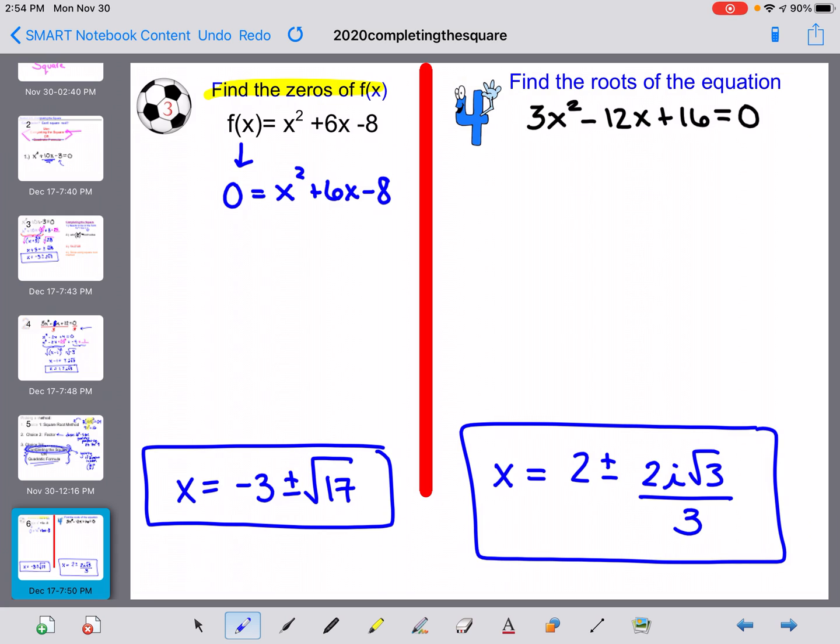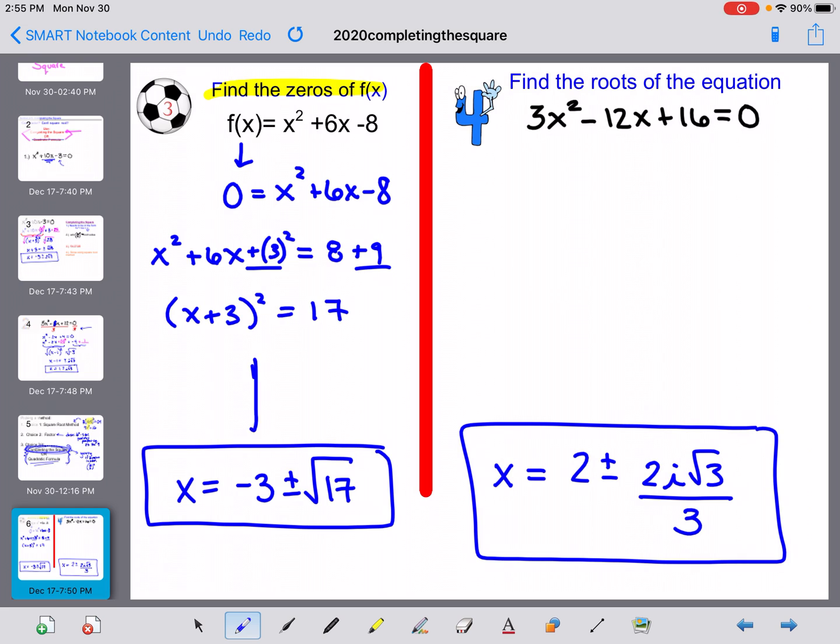So if it really bothers you, it does bother me, I would turn this around when I'm solving it. When you're completing the square, you're adding 9 to both sides. 3 squared plus 9, that would be your completing the square. This factors, 17, square root method, and you get down to this.